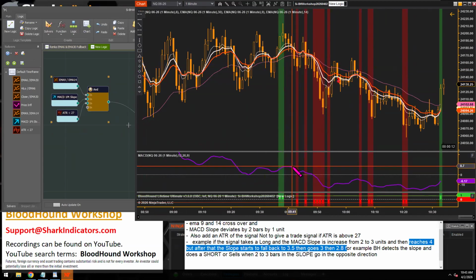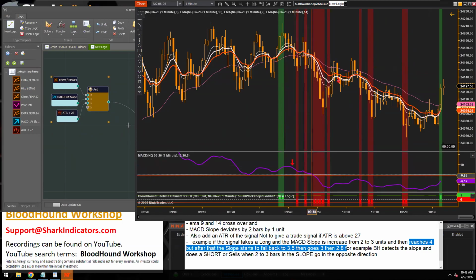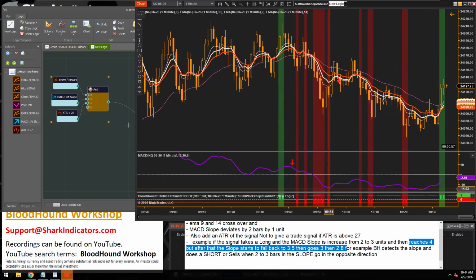So it looks like probably about there is where a short signal is wanted, after the long signal. So the long signal must occur. And same thing here. The reverse of all this is right here. We have an output, and then the MACD rolls up.